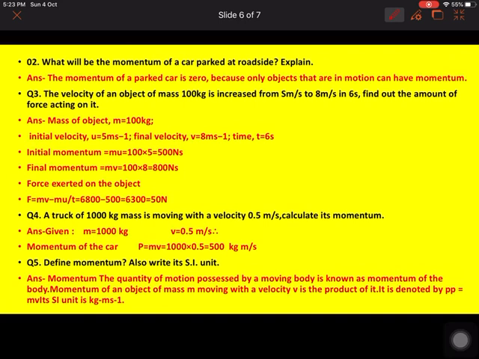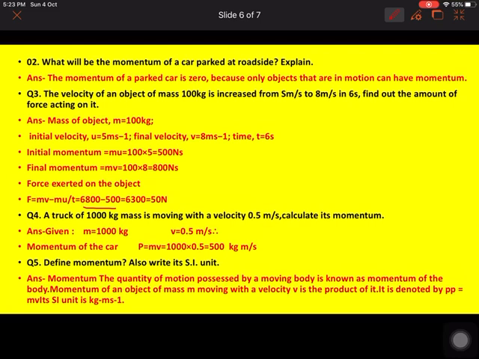Next, the velocity of an object of mass 100 kg is increased from 5 meter per second to 8 meter per second in 6 seconds. Find the amount of force. Mass of the object is 100, initial velocity 5, final velocity 8, time 6. So initial momentum mu is 500, final momentum is 100 into 8, so 800.